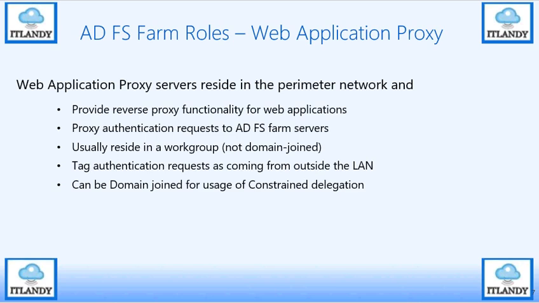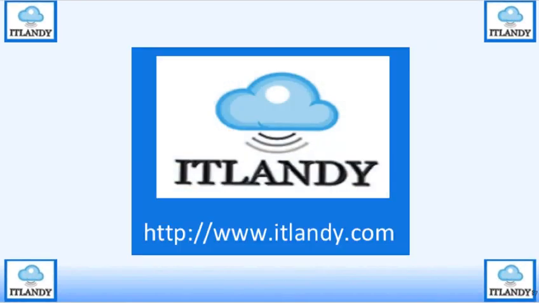Now, I assume this is all we have for today, so let's quickly recap the roles of ADFS. We mentioned earlier, we can go single or we can go as a farm. Single means a single server with Windows internal database, and that will be sufficient for small to medium deployments.